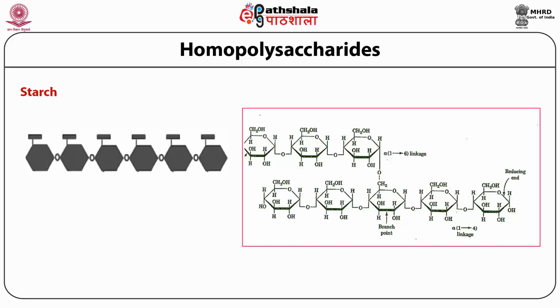Amylopectin. Amylopectin is the branched form. Most of the glucose residues are joined by alpha-1,4 glycosidic bonds, and additional alpha-D-1,6 glycosidic bonds every 25 to 30 residues form the branched structure.